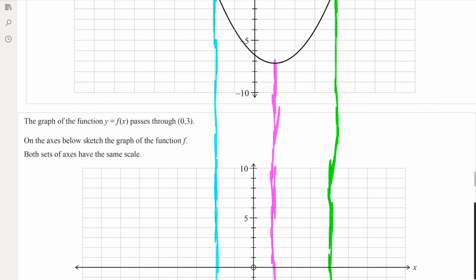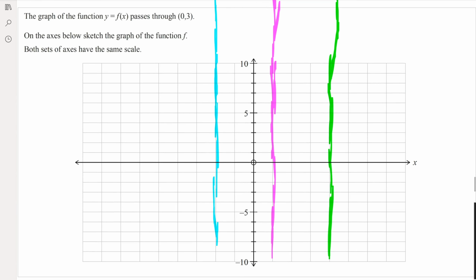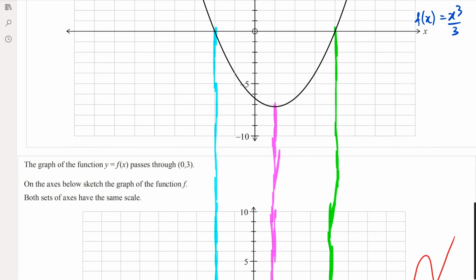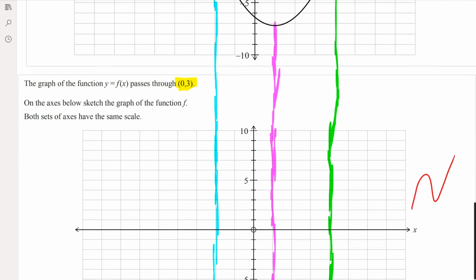There we go. So we know that this is going to be a cubic shape, which means your final answer is going to look something like this. That's basically what you've got to do. But there's an extra clue here, because in this question it tells you the function passes through 0, 3, which means this point right here.